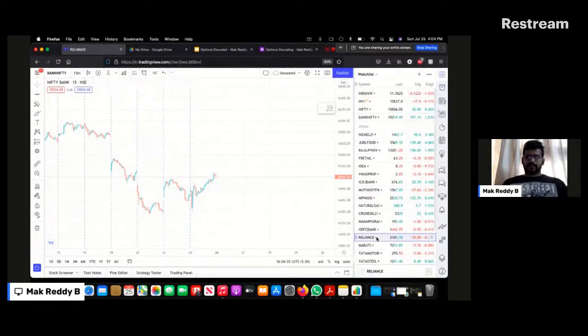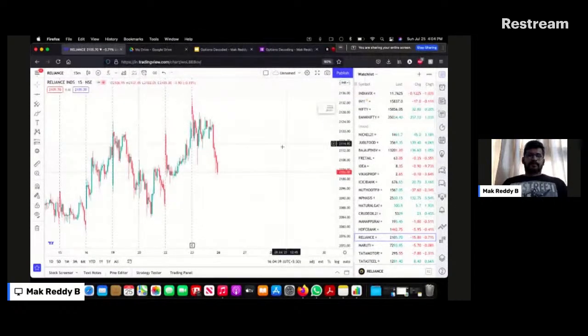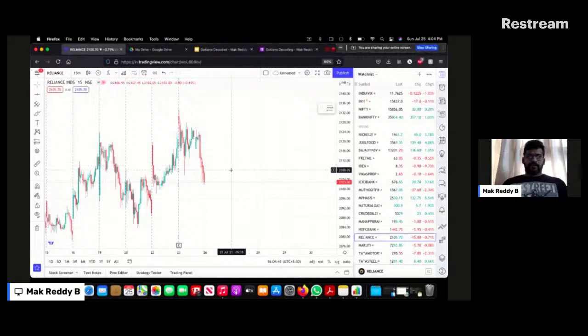Reliance spot price is at 2105, and futures are traded by speculators basically, or you can use futures for hedging your positions or your investments. How futures work is you make a contract, a monthly, bi-monthly or tri-monthly contract. Futures are basically defined in three contracts: monthly, bi-monthly, and tri-monthly.